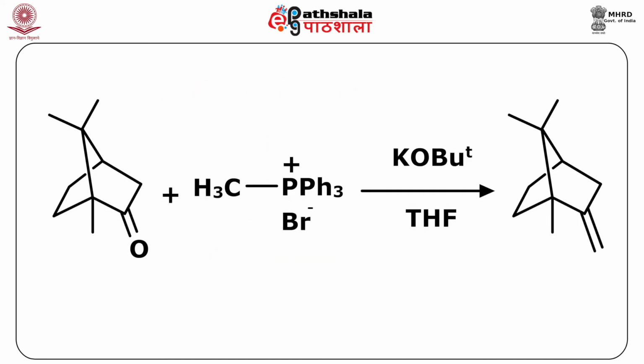Another example is the exocyclic double bond formation on camphor by reaction of methyl triphenyl phosphonium bromide in the presence of potassium tertiary butoxide as the appropriate base, and this you can clearly see here.